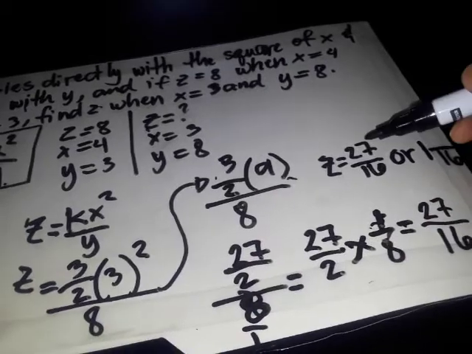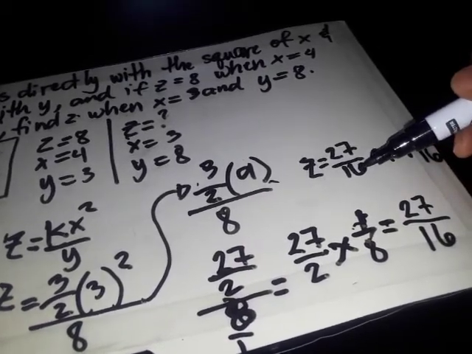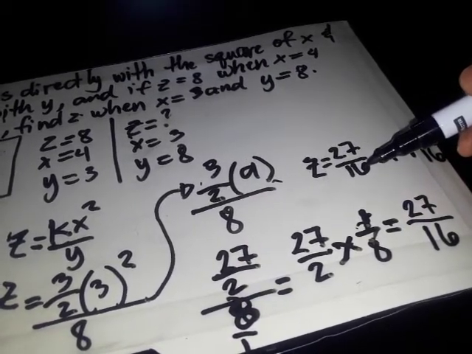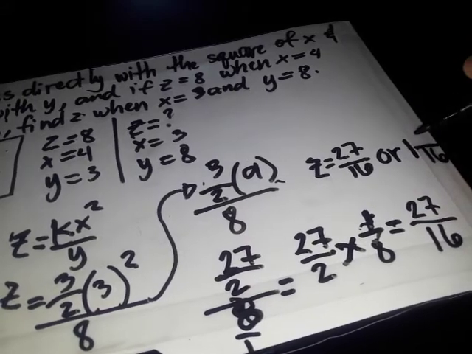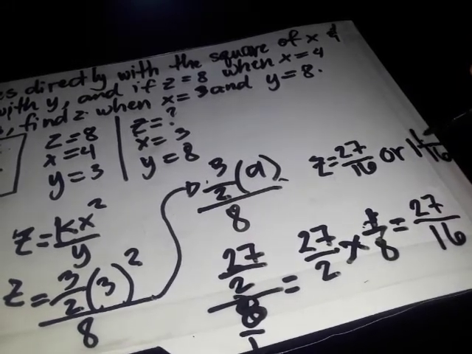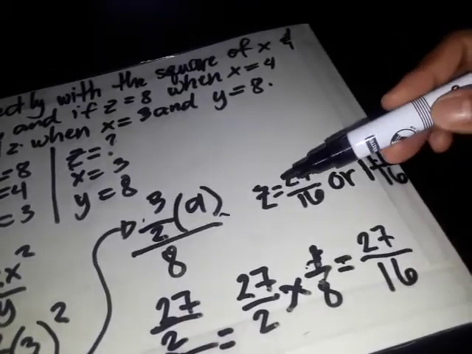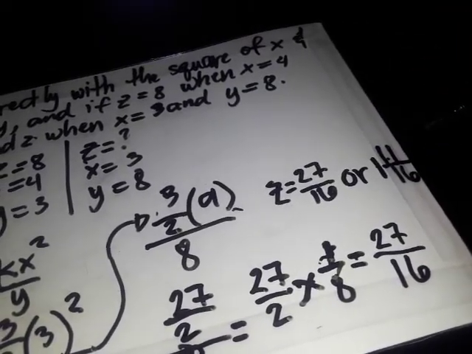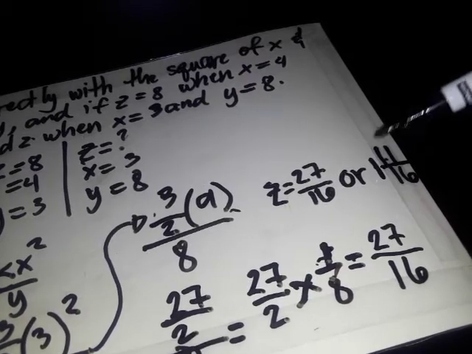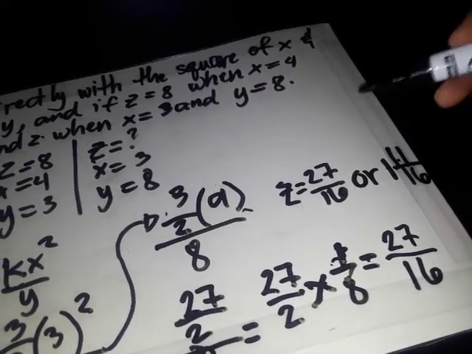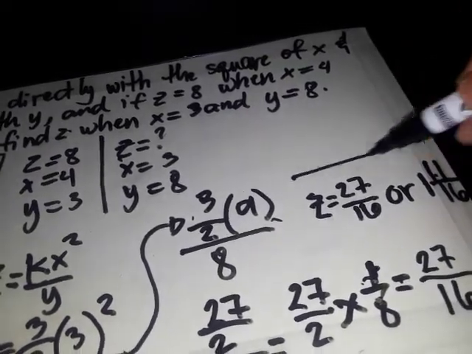And then, isubtract si 27 sa 16. 27 minus 16 is equal to 11. Okay? So, yan ang sagot natin. 27 over 16 or 1 and 11 over 16. Ito na ang ating Z.